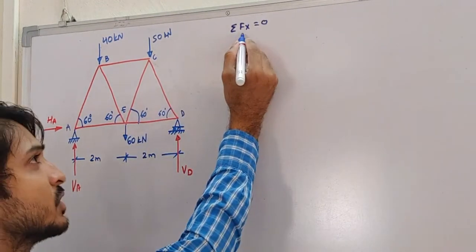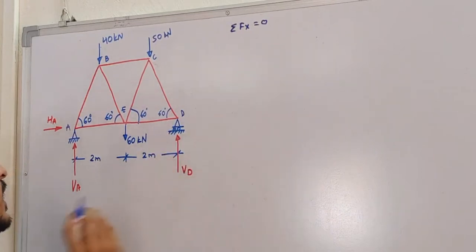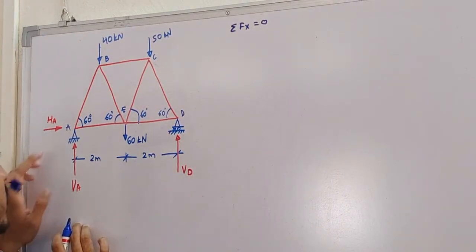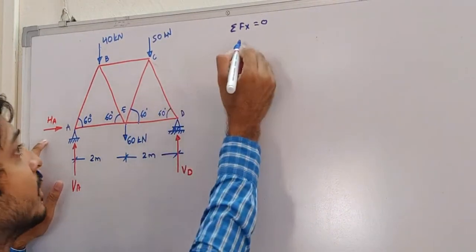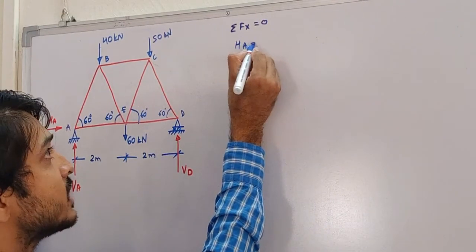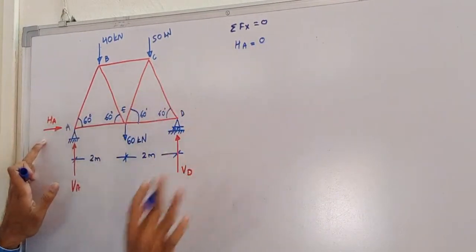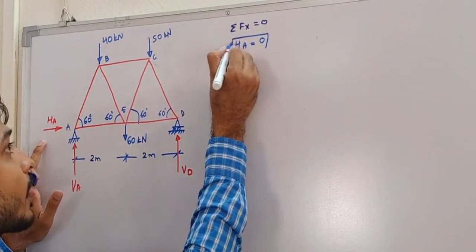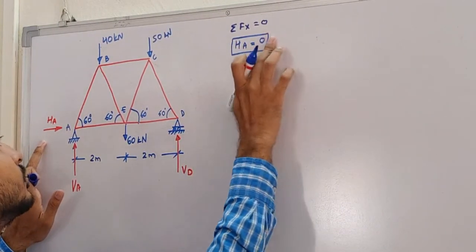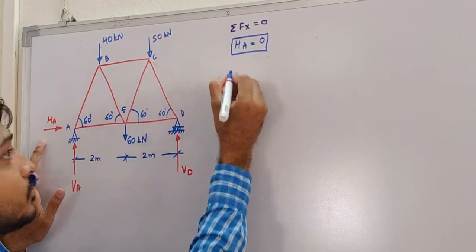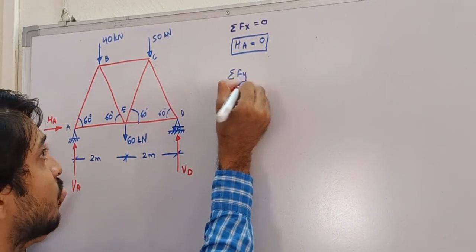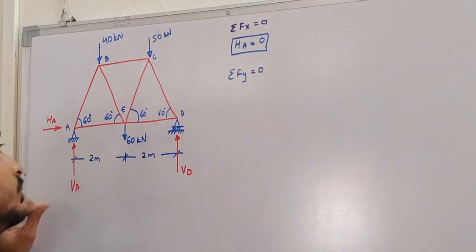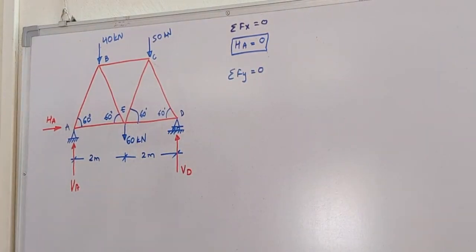First, summation of Fx equals 0. Only VA and HA are there, so HA will be 0 because there is no other horizontal force. Next, summation of Fy equals 0.